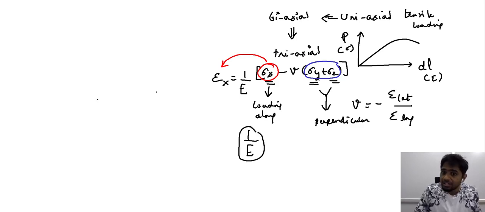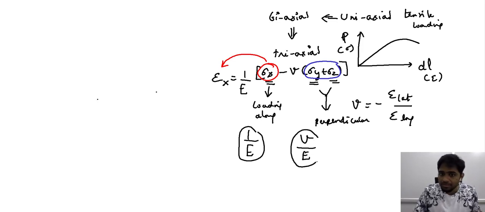Whereas the amount of contribution the stress along the perpendicular direction, that is y and z, makes on the strain along a given direction is proportioned by this ratio, that is nu by E, that is the ratio of the Poisson's effect and the Young's modulus.